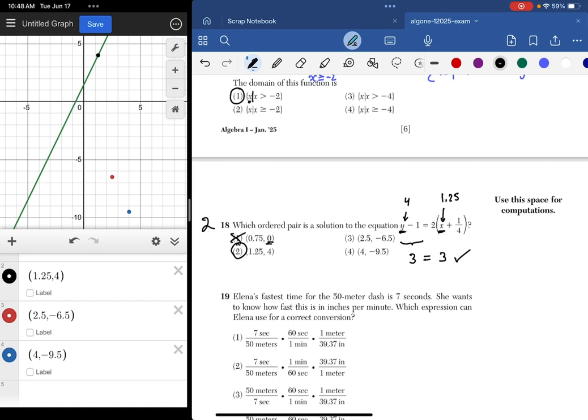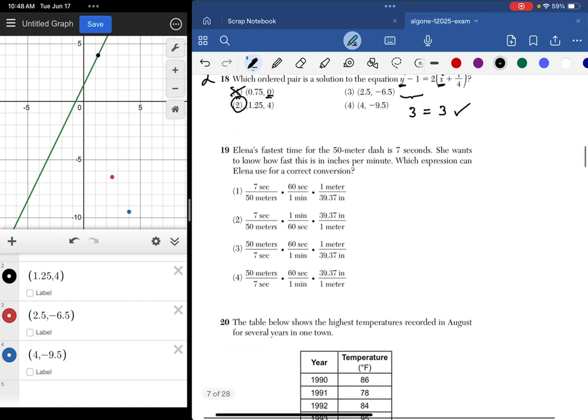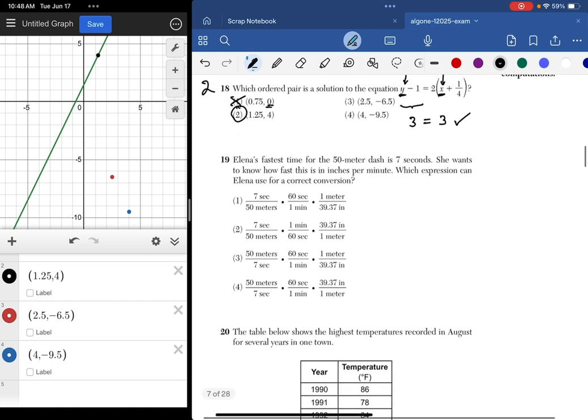All right. Elena's fastest time for the 50-meter dash is 7 seconds. She wants to know how fast this would be in inches per minute, because you got to figure that's what would be on everybody's mind. How would this be if I were thinking in terms of snail speed, right?